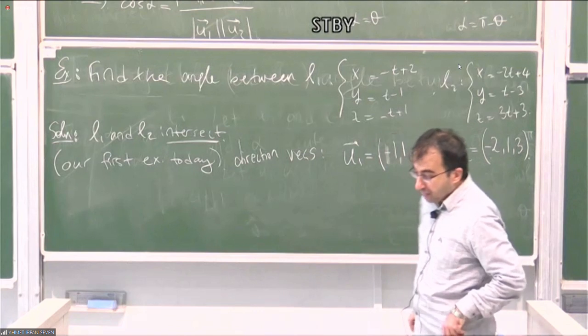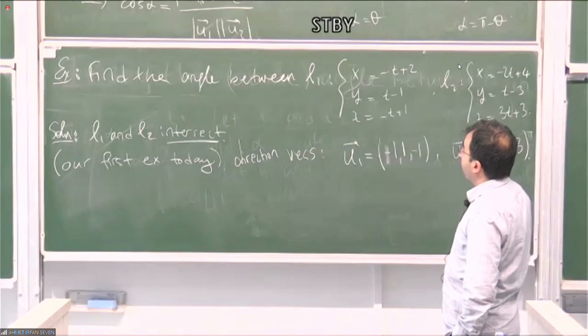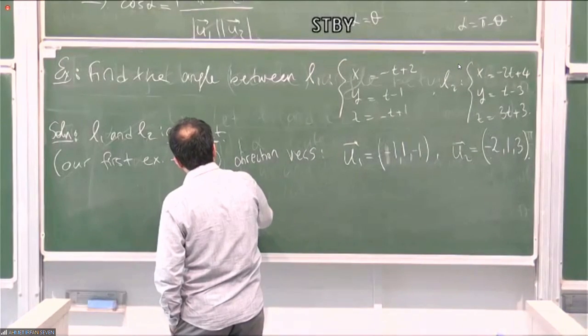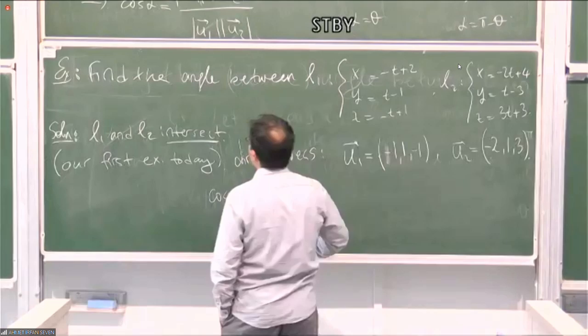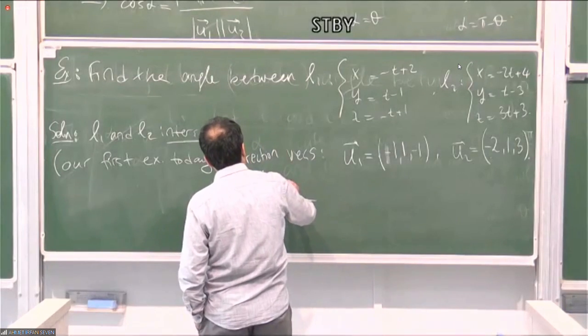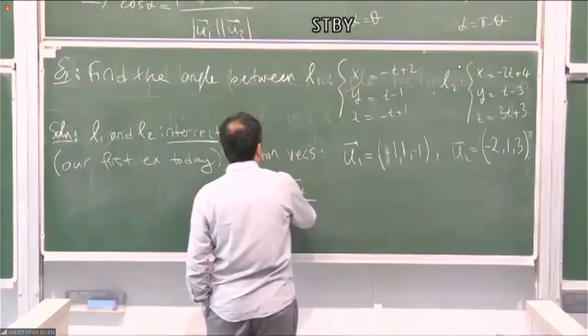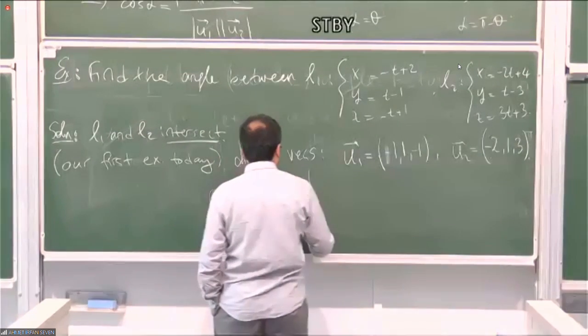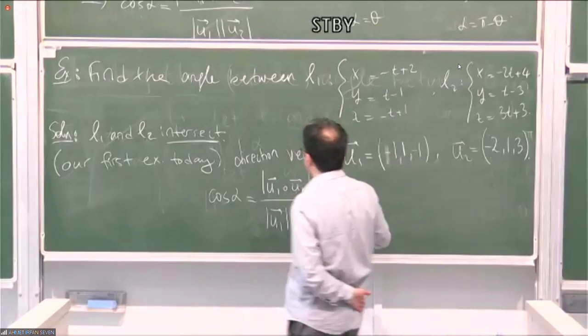Okay. Fine. Let's now compute our formula. Cosine alpha will be u1 dot u2 divided by length u1 times length u2.